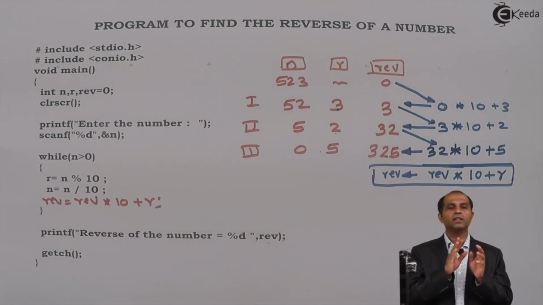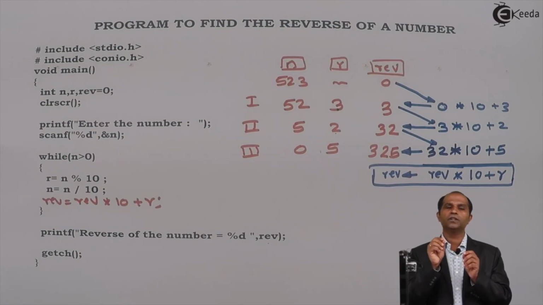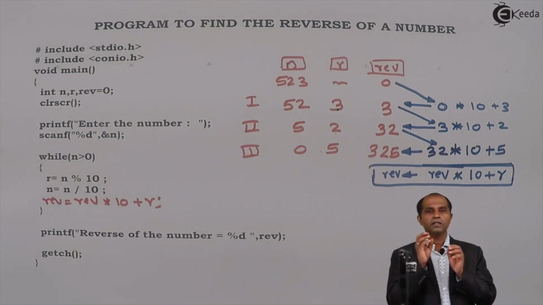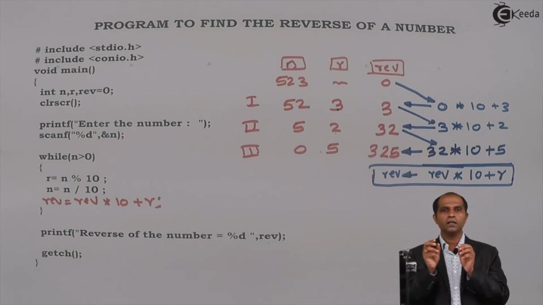But exactly it is not the reverse, it is just the individual digits which have been displayed. So make sure that you construct the reverse, not just place these individual digits, right? So remember that you are supposed to construct the number so that it can be operated on further for some operations. Thank you.